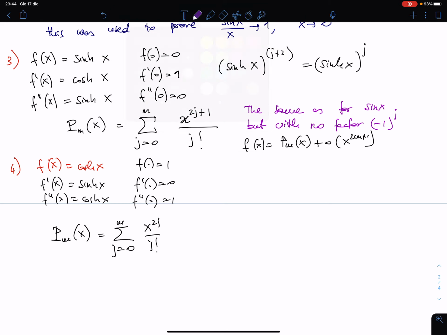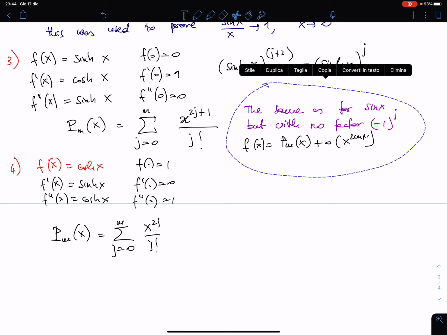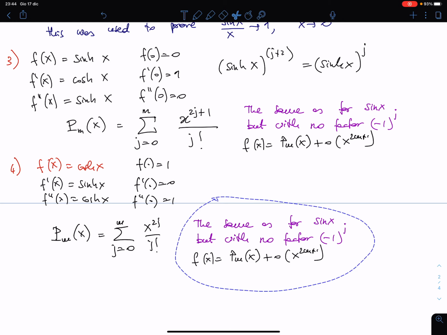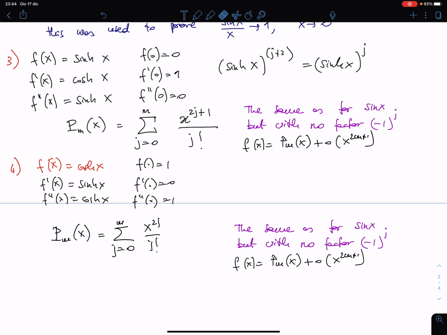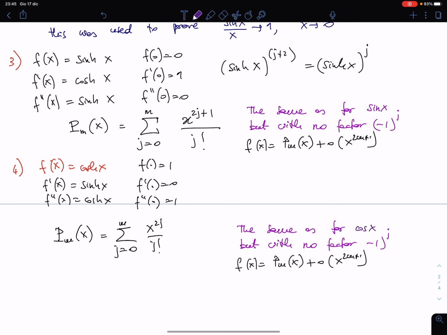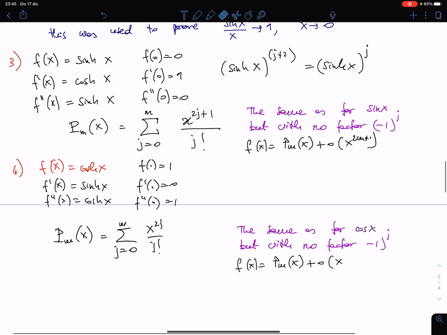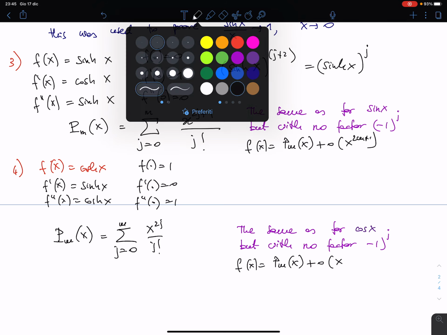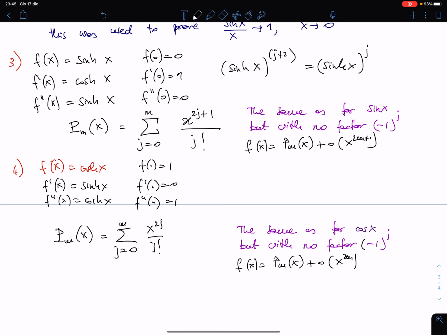And in this case it is the same as for cosine, but without oscillating sign, and again here we have this correction to be done. Okay, and so this is all for this example, and then in the next lecture I will give other examples.